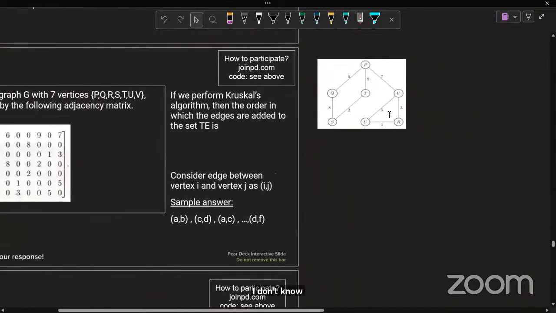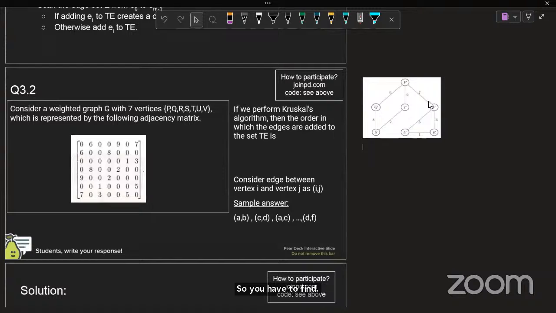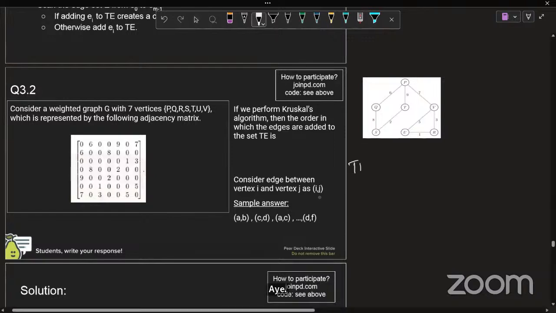So you have to find which edge is to be added. Find TE. We have already found TV and TE. What is our TE?